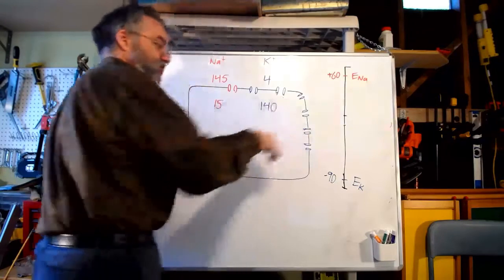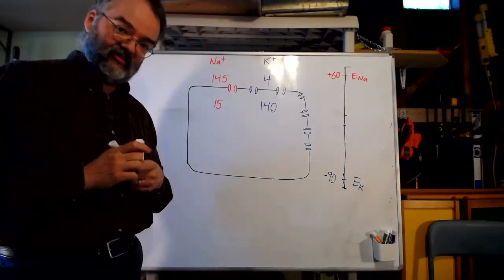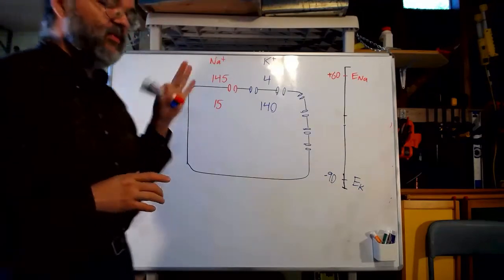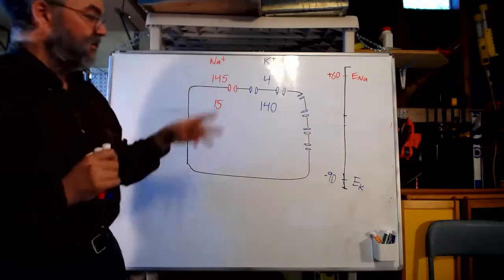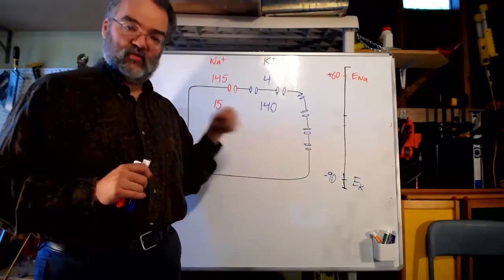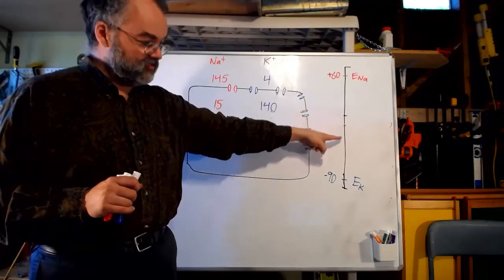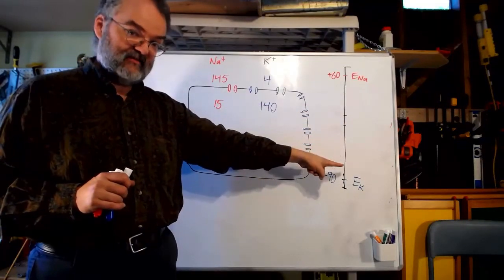I'm not going to draw them in, but it's actually something like 40 times more potassium than sodium channels. So let's see what that's going to do. Each sodium channel pulls us a little toward ENa, each potassium channel pulls us toward EK. But I've got a lot more potassiums, so that's going to pull me much more strongly toward EK.